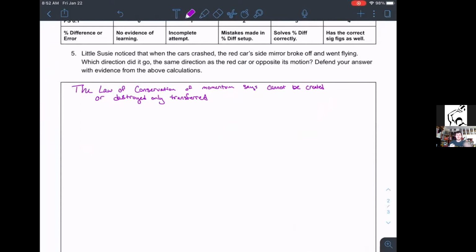So that means that the total momentum before and after the collision should be the same.